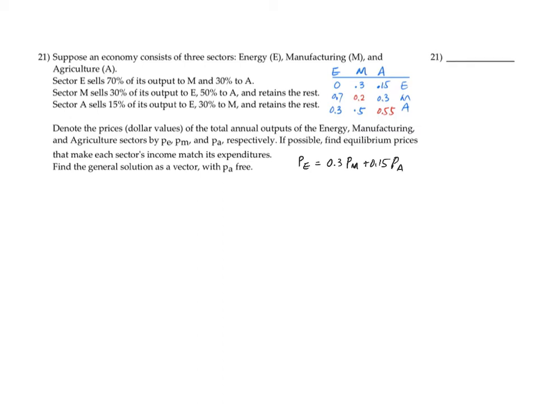And for the second row, you have PM equals 0.7 PE plus 0.2 PM plus 0.3 PA. And the last row, PA equals 0.3 PE plus 0.5 PM plus 0.55 PA.